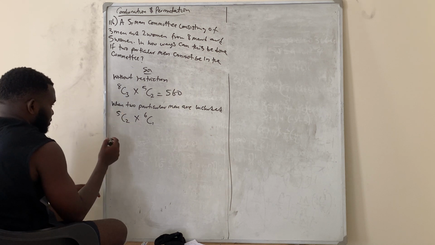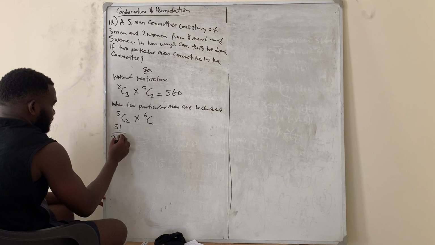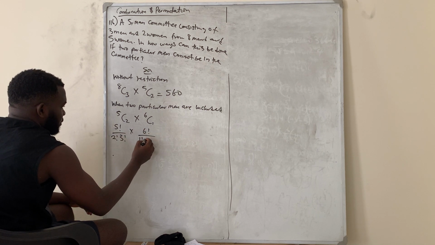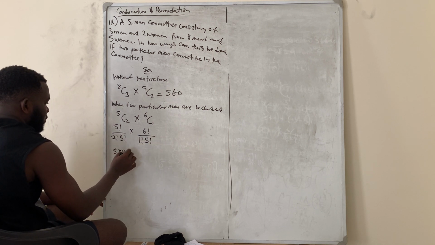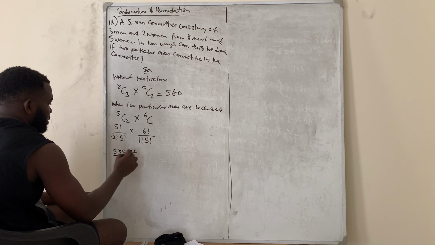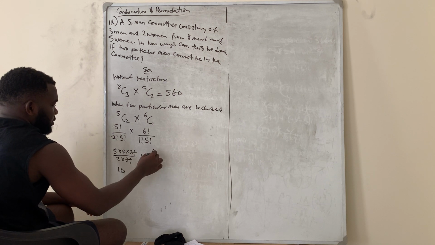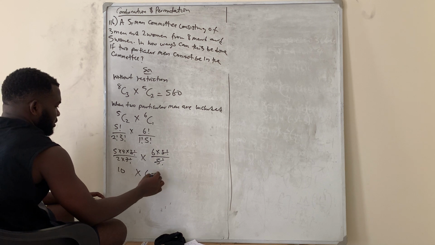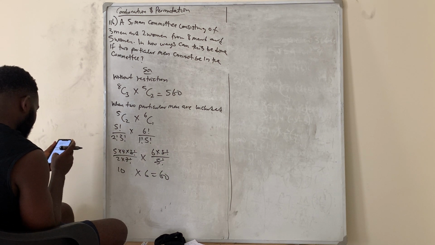This is 5 factorial all over 2 factorial, 3 factorial, times 6 factorial all over 1 factorial, 5 factorial. So this is 5 times 4 times 3 factorial all over 2 times 3 factorial, giving me 10, times 6 times 5 factorial all over 5 factorial, giving me 6. So this is 60.